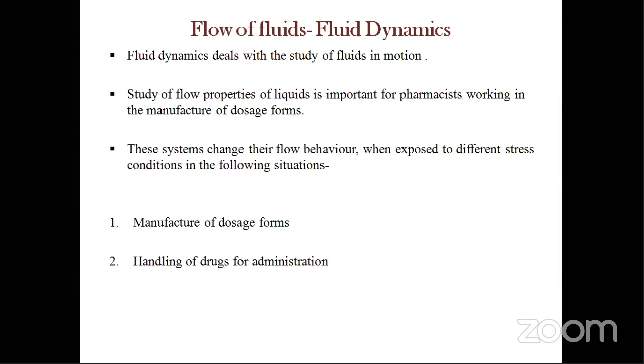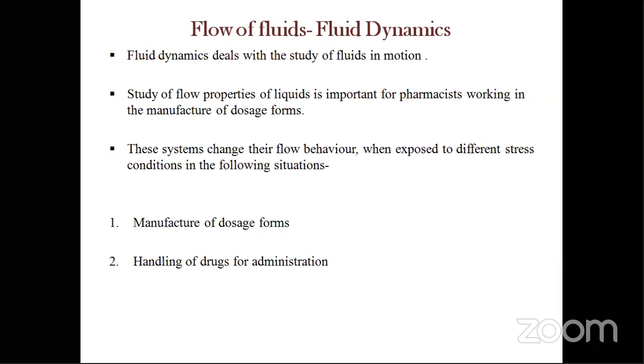Okay, so you take some glycerin and some starch paste and flow them in the direction of the pipeline. First of all, you see that glycerin is less viscous than the starch paste, that's why it moves faster. But when you create some pressure on the glycerin and the starch paste, at that time you see that depending on the stress applied, the starch paste also moves equal to the glycerin.